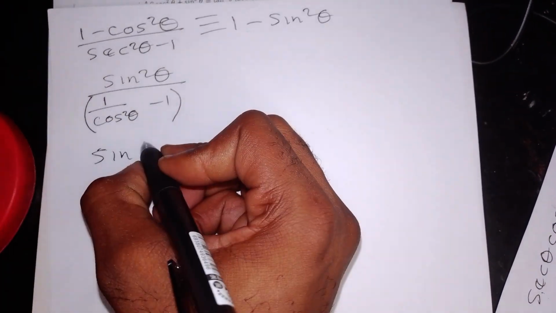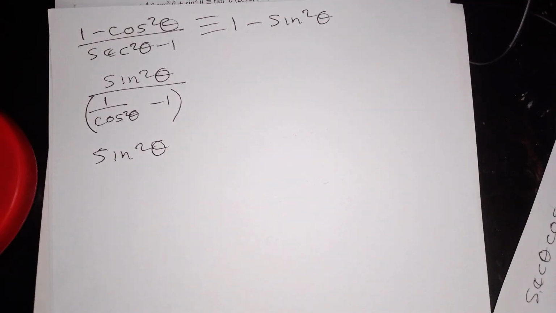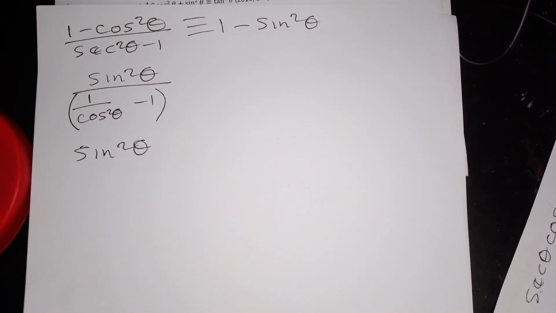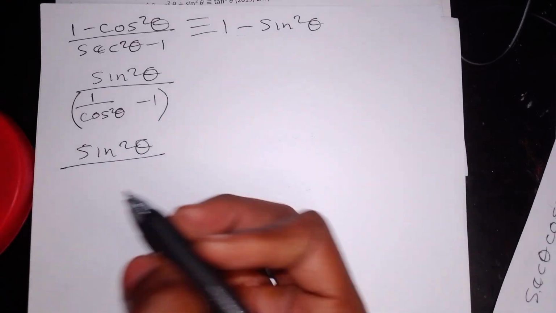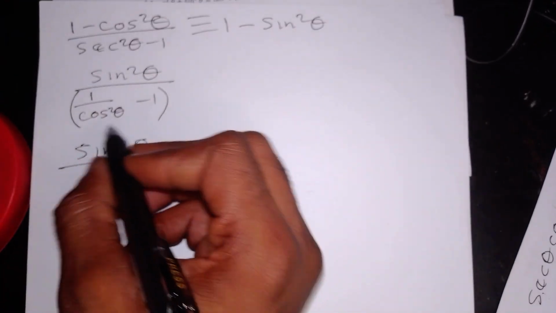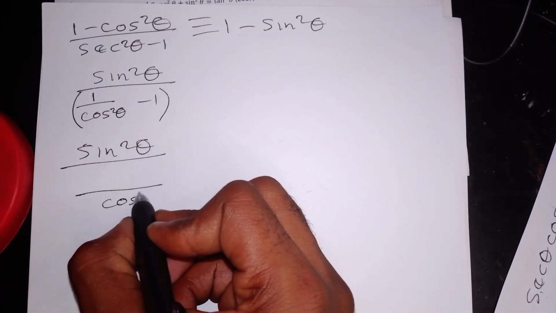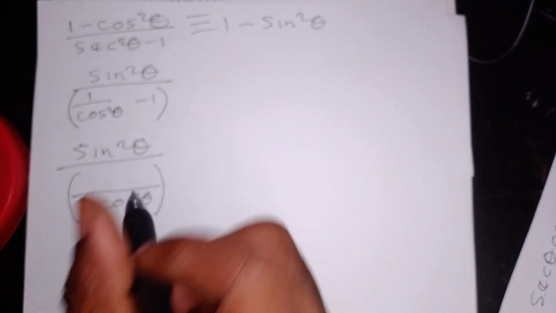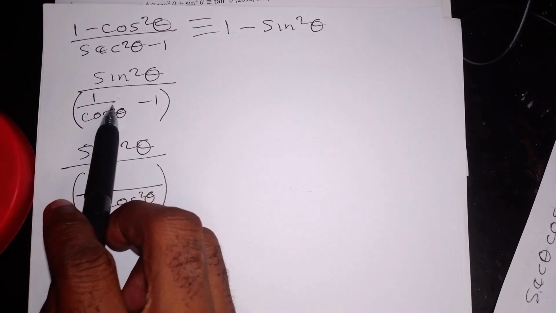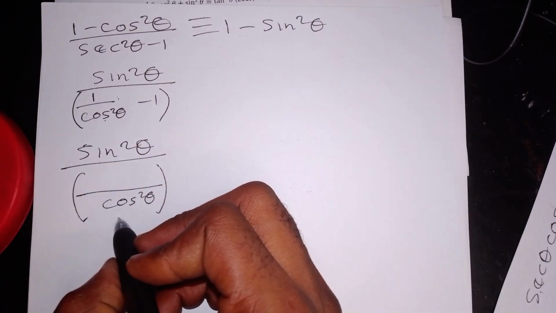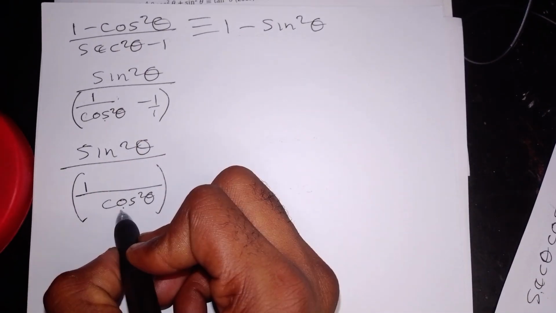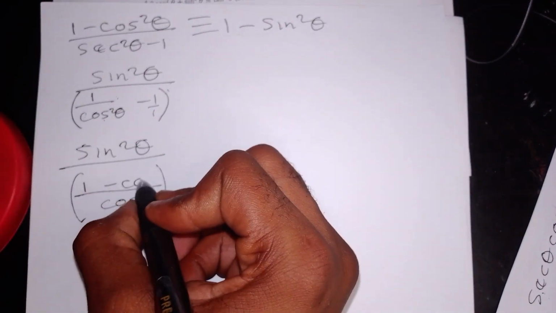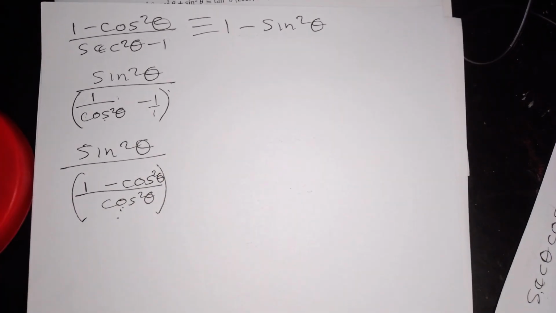So for identities, you always have several ways of solving the same problem, provided you know where you are going. So we can find the common denominator here. Remember, our aim is to get rid of the denominator. So this into this, that's a 1, and then 1 into this, we have cos squared theta multiplied by that, we have that.